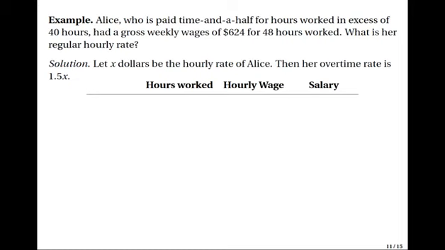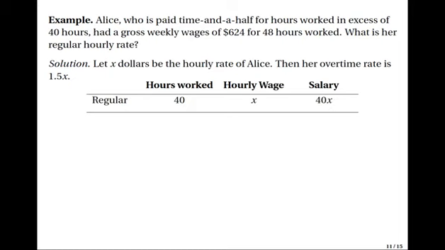We have the column for hours worked, the hourly wage, and then the salary. For the regular hours, it's just 40 hours. That's your regular. The hourly wage will be x. So for these 40 hours of work, the salary will be 40 times the hourly rate.